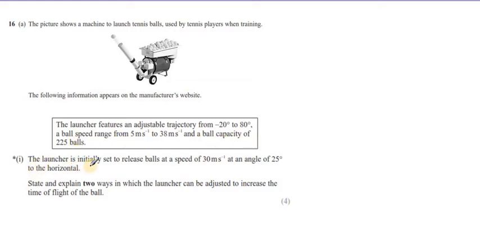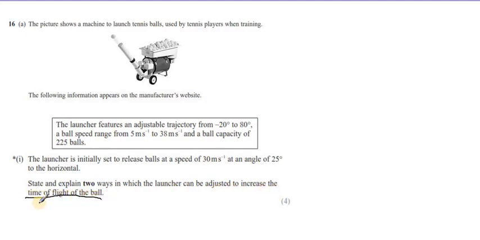The launcher is initially set to release balls at a speed of 30 meter per second at an angle of 25 to the horizontal. State and explain two ways in which the launcher can be adjusted to increase the time of flight.